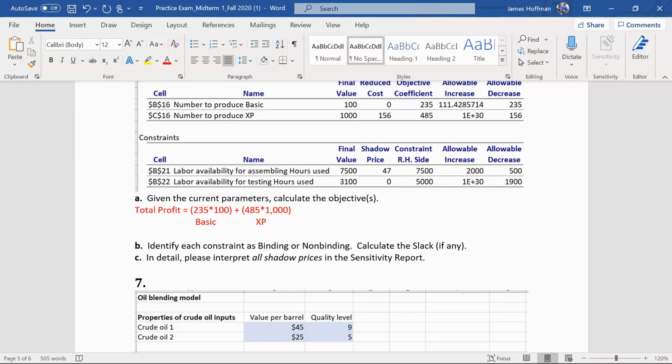Put this in your calculator, and you get about $508,500. We're not exact.